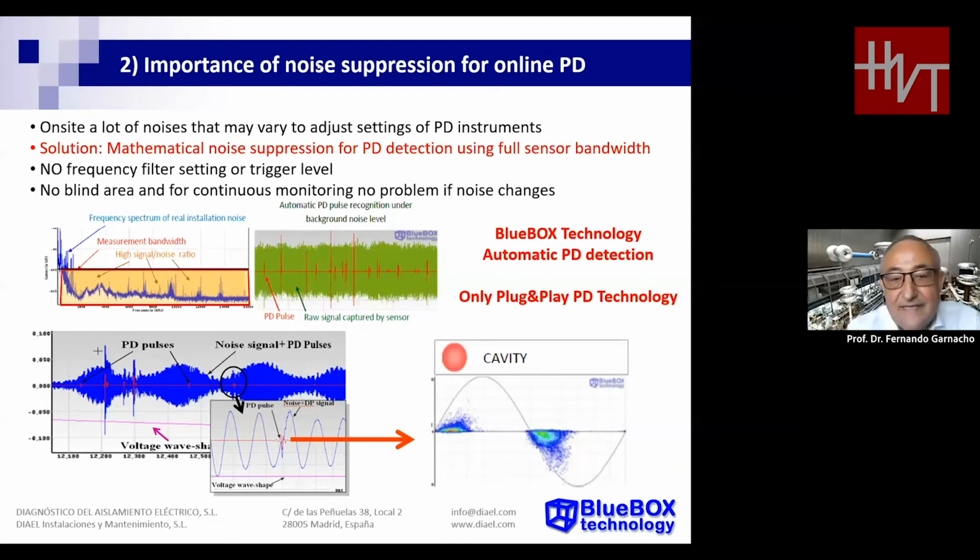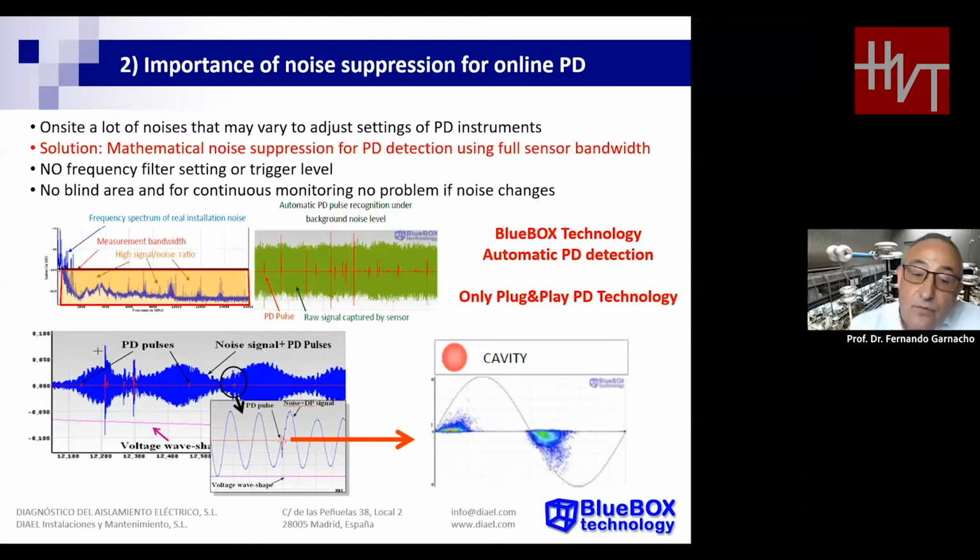You can see in this slide a green area that is the noise, and we can automatically identify small PD pulses behind the noise because we analyze by the wavelet transform the pulses that are included in the noise.